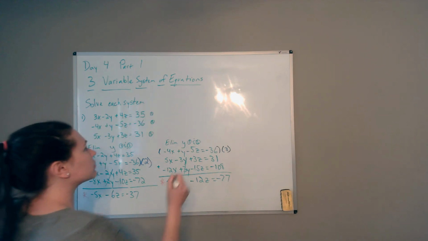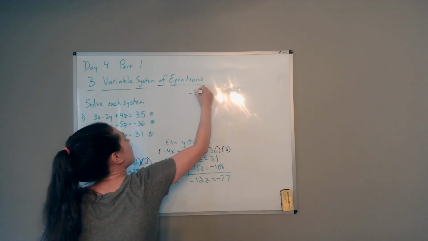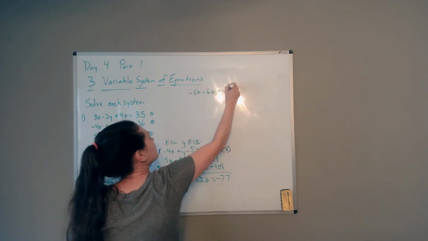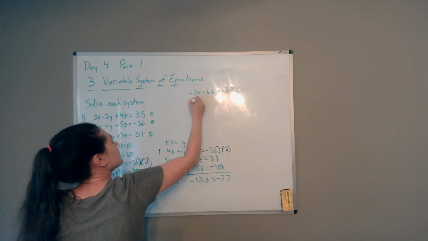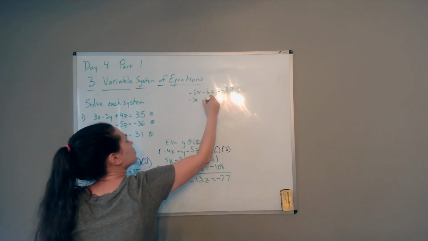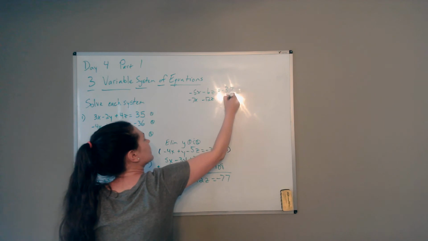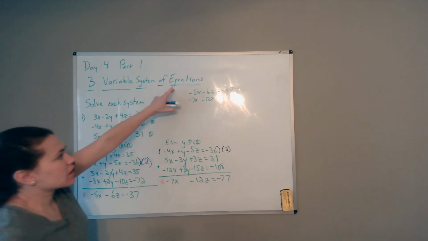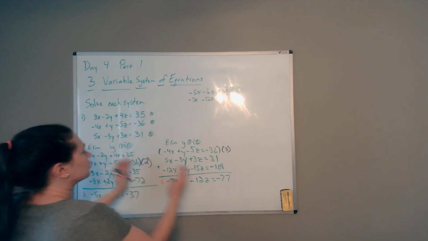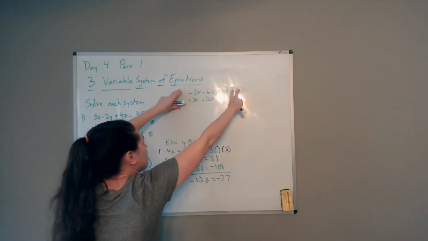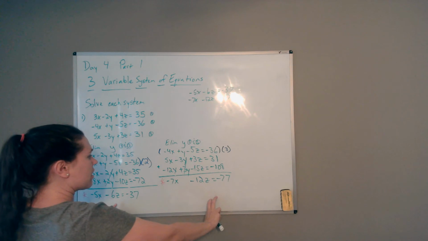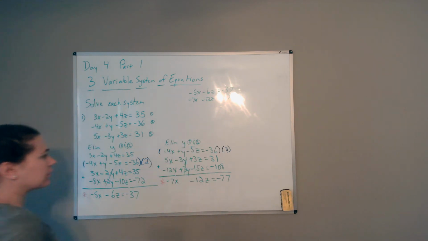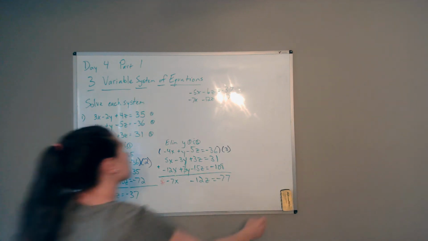Our 2-variable system is negative 5x minus 6z equals negative 37, and negative 7x minus 12z equals negative 77. Now, what you want to do is put this work, don't crowd the work, write it right below here, okay, have everything flow down, so I'm going to erase this.